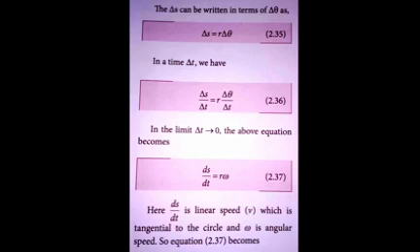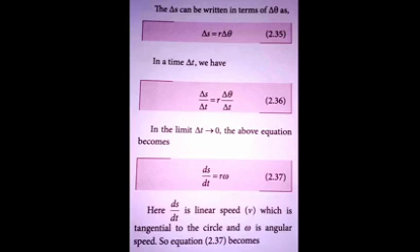Now as del t tends to 0, the equation becomes ds divided by dt equal to r into d theta divided by dt. Here we know d theta divided by dt is equal to omega, the angular velocity. Now substitute the value and we get ds divided by dt equal to r into omega.